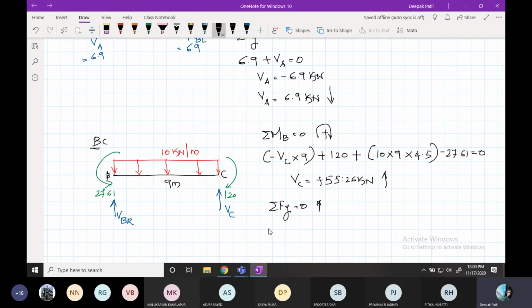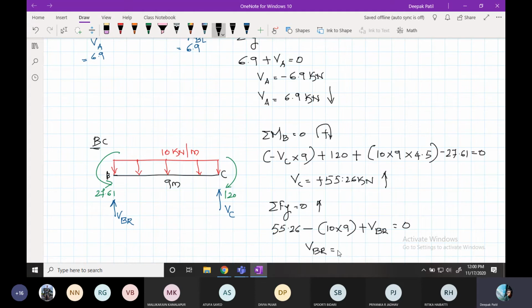So VC is upward, so I will write 55.26, and the 10 kilonewton UDL is downwards, so I should write it as minus 10 into 9. OK, this is the total load, and VBR is upward, so I will write it as plus VBR equal to 0.